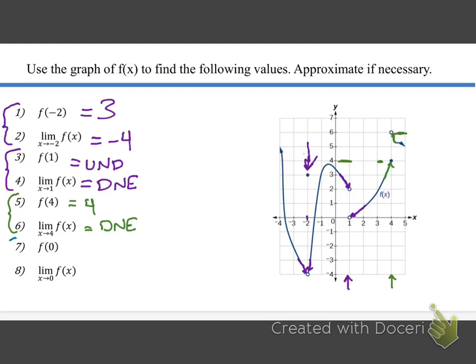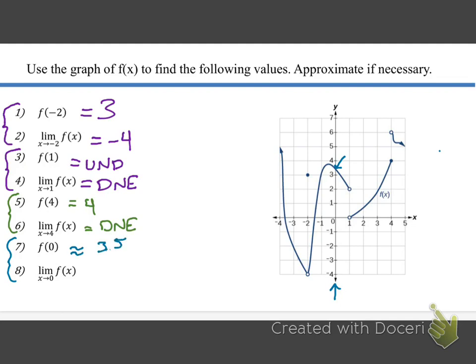And switch colors one more time. 7 and 8 have to do with the x value of 0. Let me clean this off a bit. So what's happening as we go into that x value right there? For f of 0, we can see that the function value looks to be about, we'll say, about 3.5.